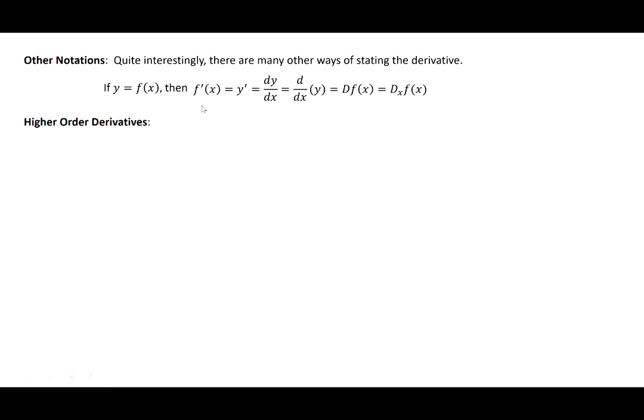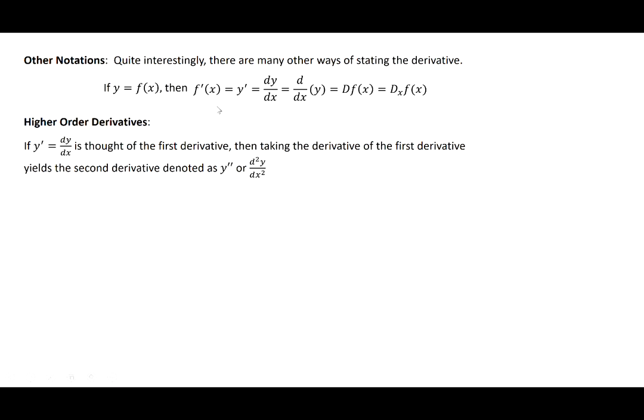Whoa, what is that called, man? That is the second derivative. F prime is the first derivative, and this derivative of that is the second derivative. Okay, so that's what I'm stating here.